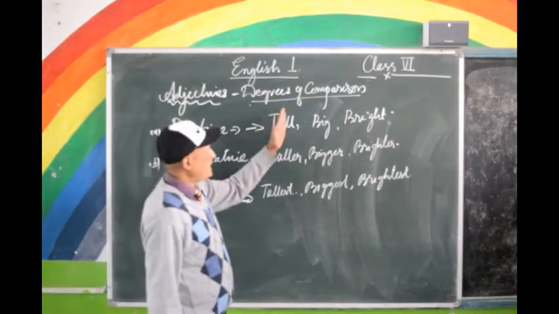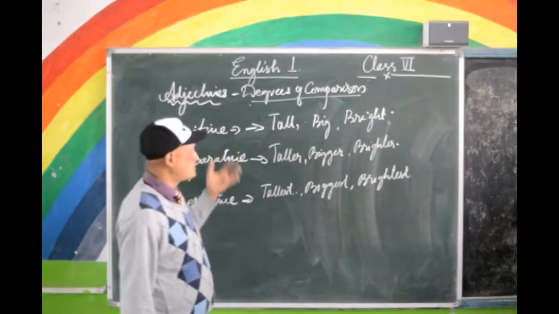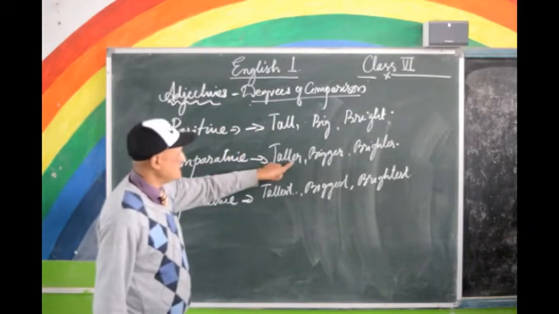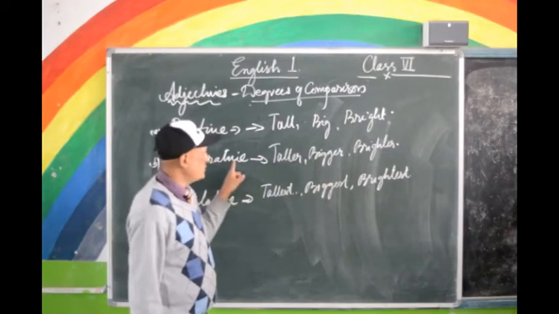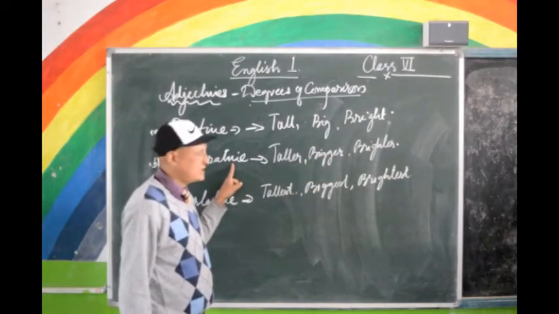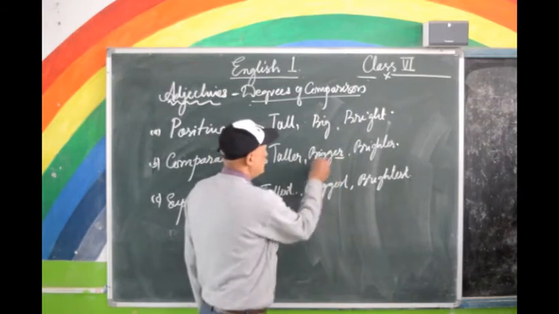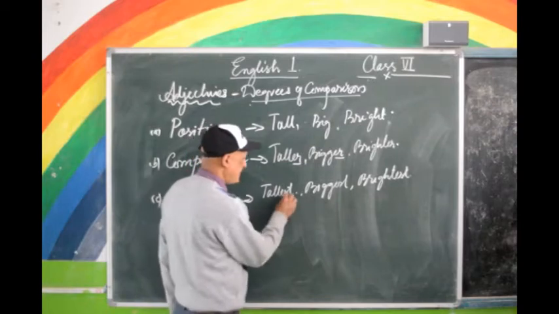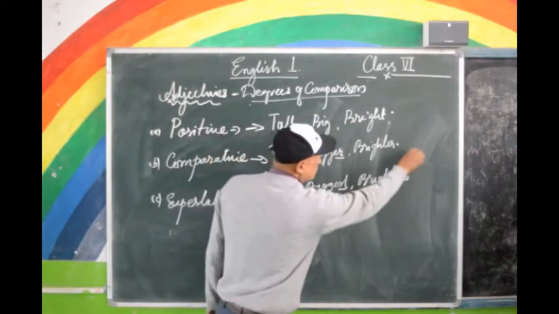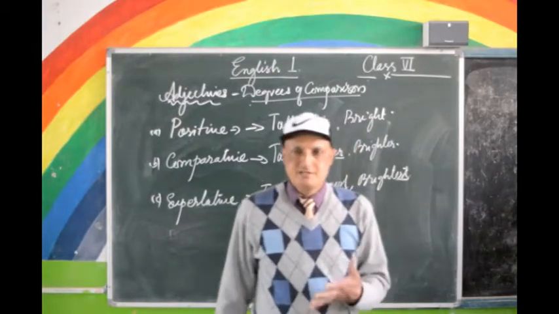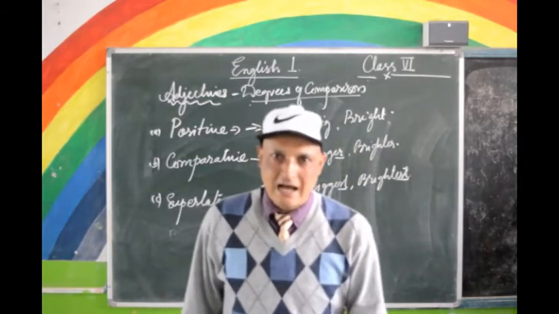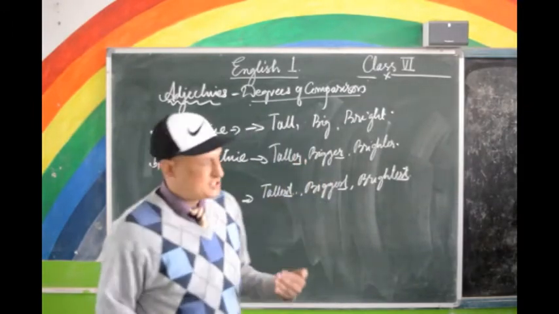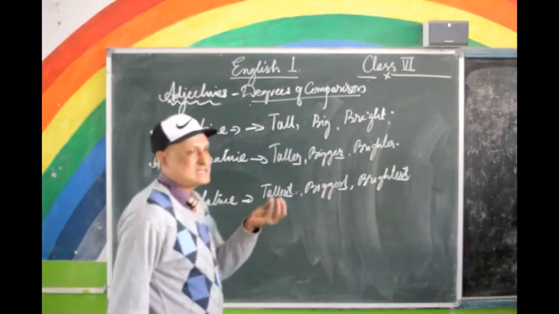Okay, and we can transform or give the degrees by adding ER in the comparative degree, and in the superlative degree we add EST. This happens for most of the adjectives, except there are certain adjectives which change their entire form.